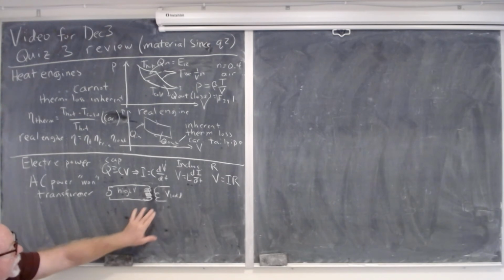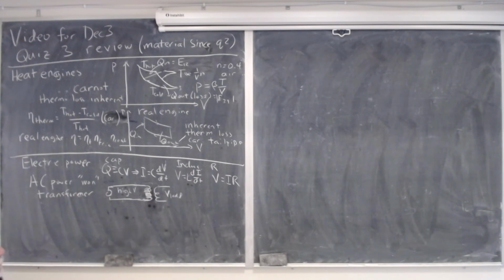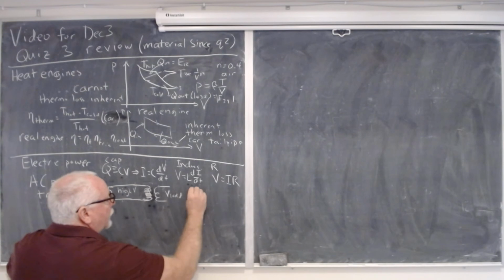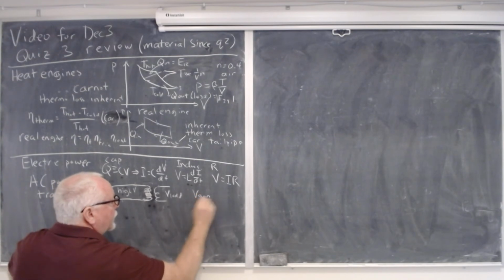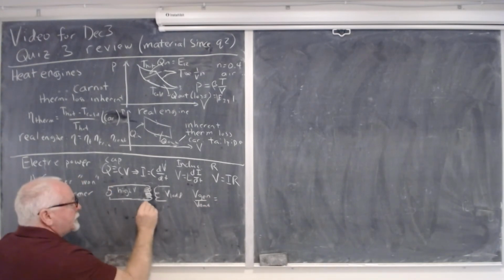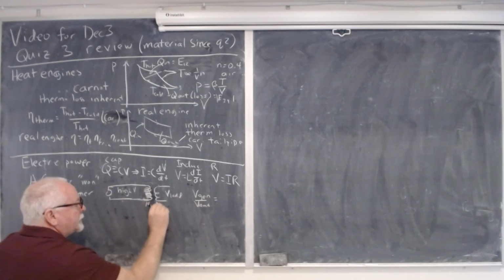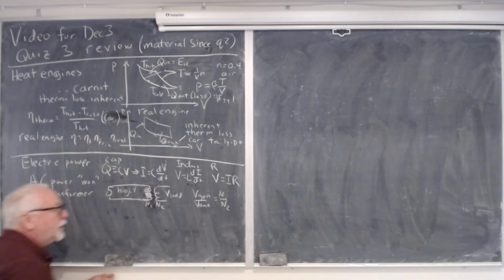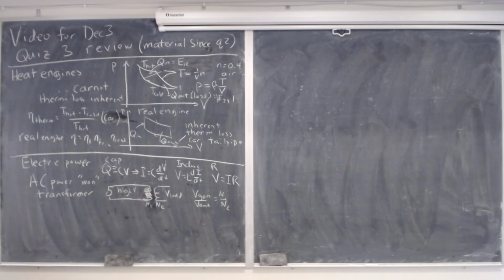And so you learn that there's this device that Tesla invented, the transformer, which is a pair of coils where V gen over V load is equal to, if this is N1 and this is N2, N1 over N2. But that device will only operate for AC, and so that's why we have AC power.